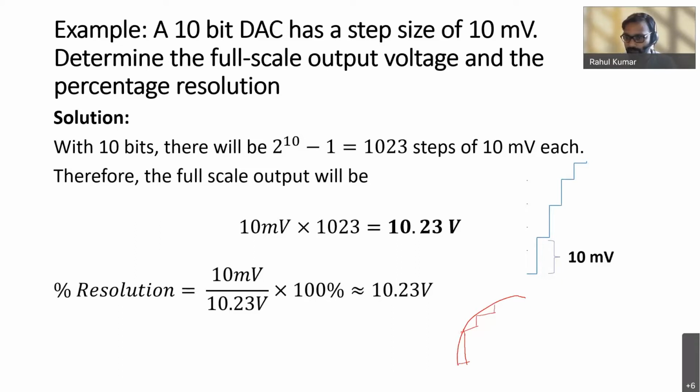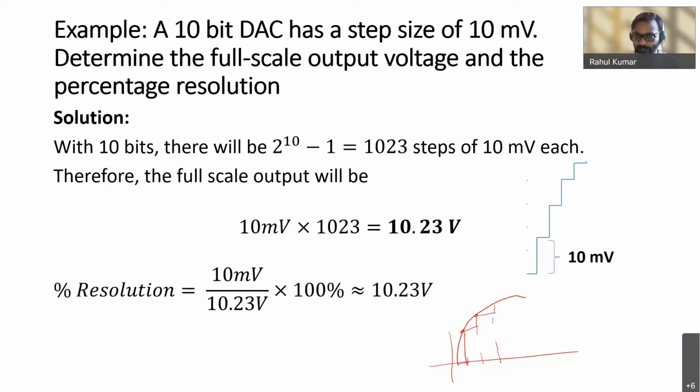Okay. So at each time duration, we will take a sample, right? So you can imagine it as a step. So the step size of this DAC is 10 millivolt, and you have to determine the full scale output voltage.